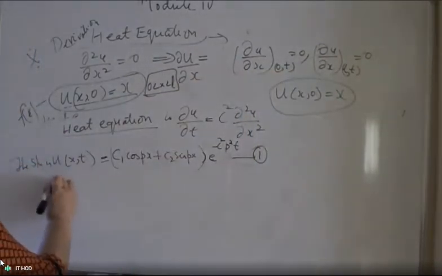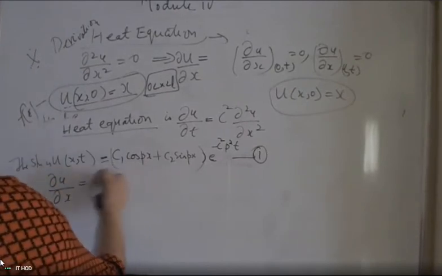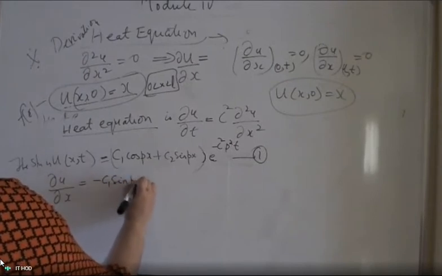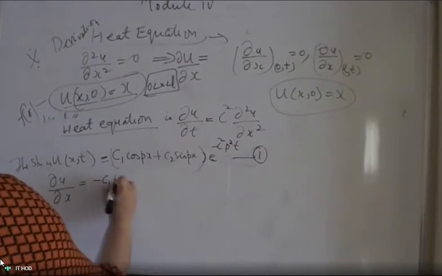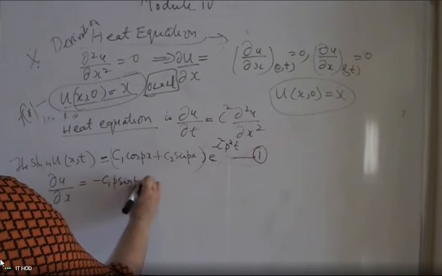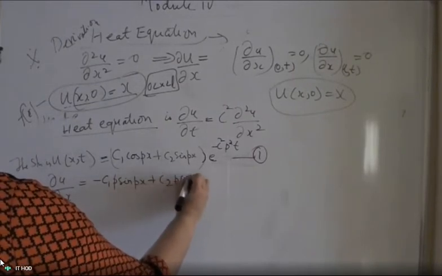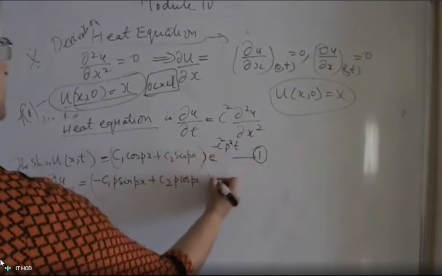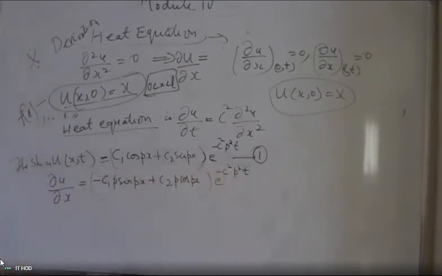So dou u by dou x is equal to, with respect to x, minus C1 sin px into p plus C2 p cos px, and with respect to t it remains as a constant, e raised to minus c square p square t.